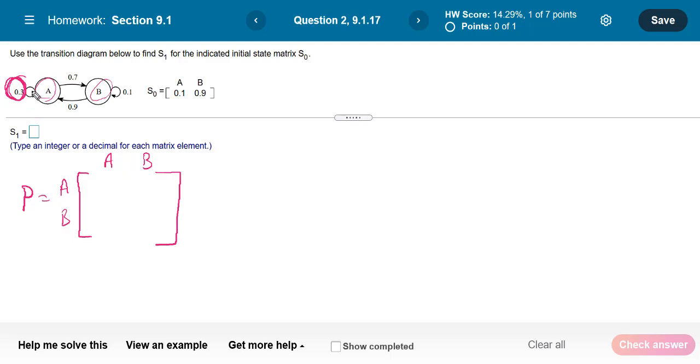This 0.3, the little circle with the arrow on it, represents going from A to A. That would be this number.